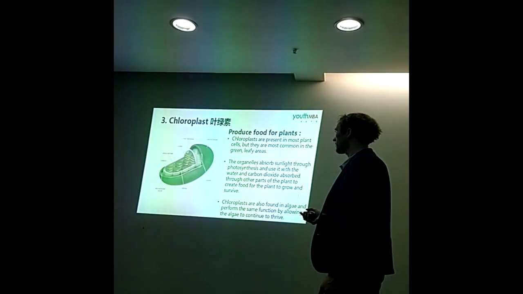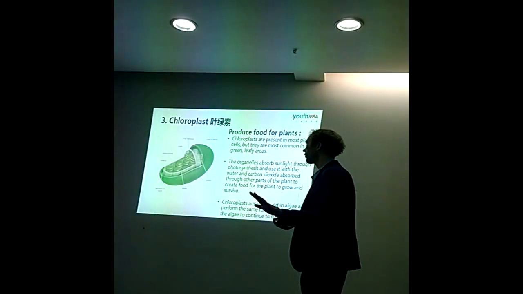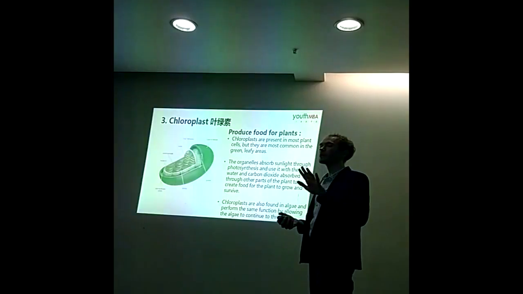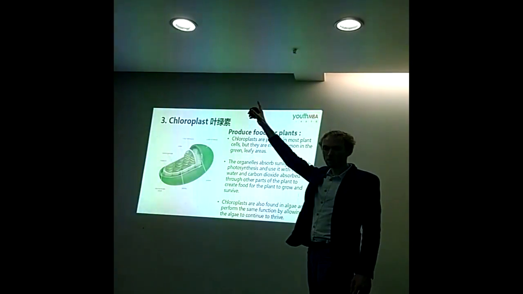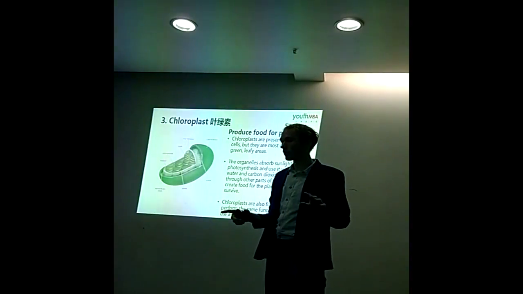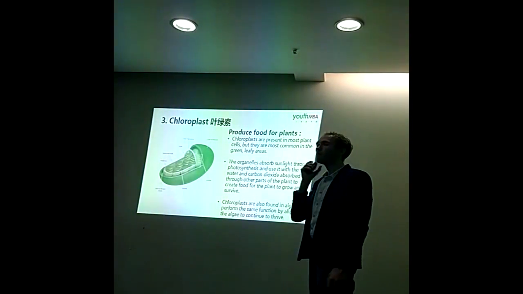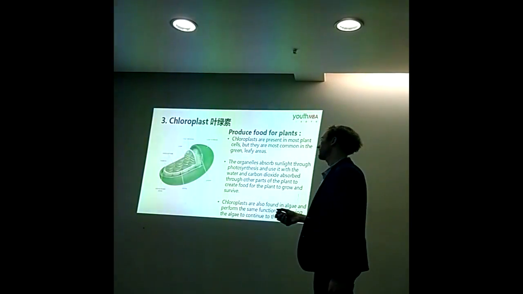So this is a description. What is a chloroplast? To remember, chloroplast is green. The chloroplast makes energy, taking energy from the sun and making glucose. So it's like food for a cell.